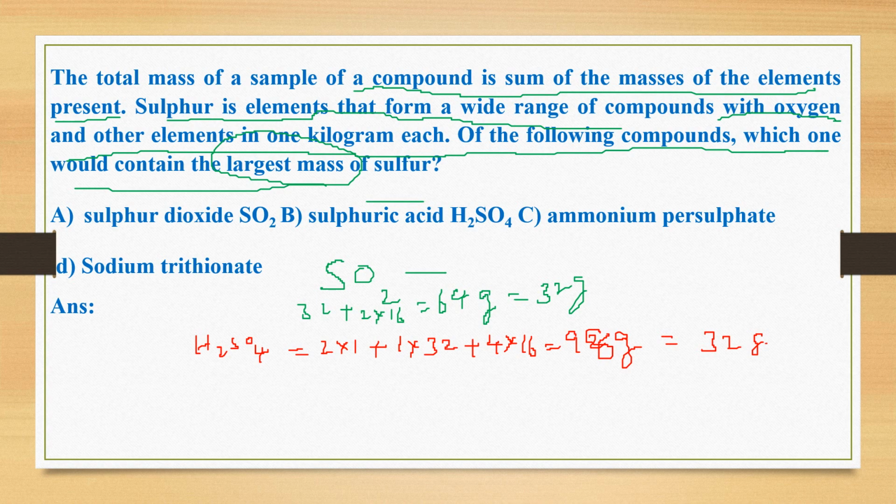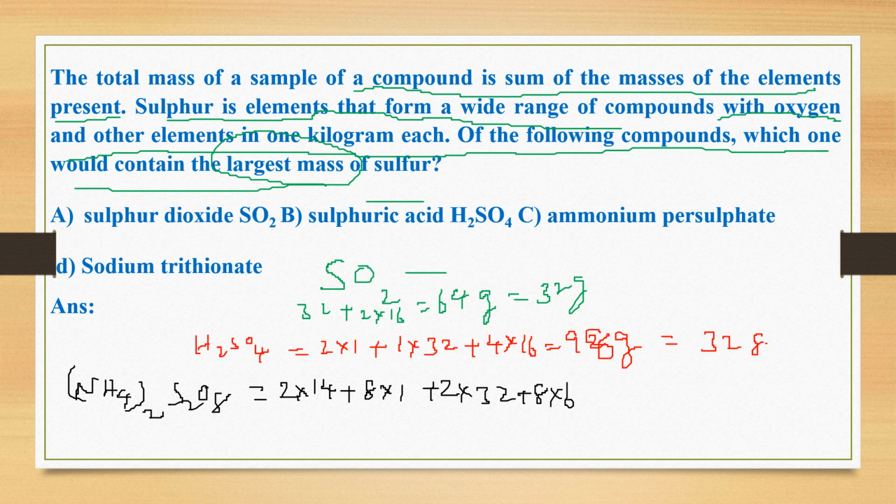The formula is (NH4)2S2O8. The molecular weight is 2 into 14 plus 8 into 1 plus 2 into 32 plus 8 into 16, which equals 228 grams. It contains 64 grams of sulfur, because 2 into 32.